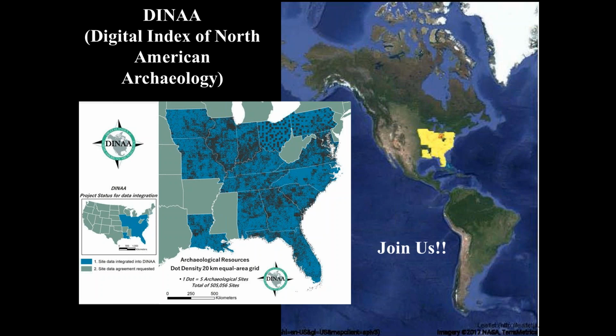Yes, there's a paper by Karen Smith and Keith Stevenson that is coming out in a new issue of Southeastern Archaeology that looks at woodland settlement distribution in the Southeast using DINAA data.